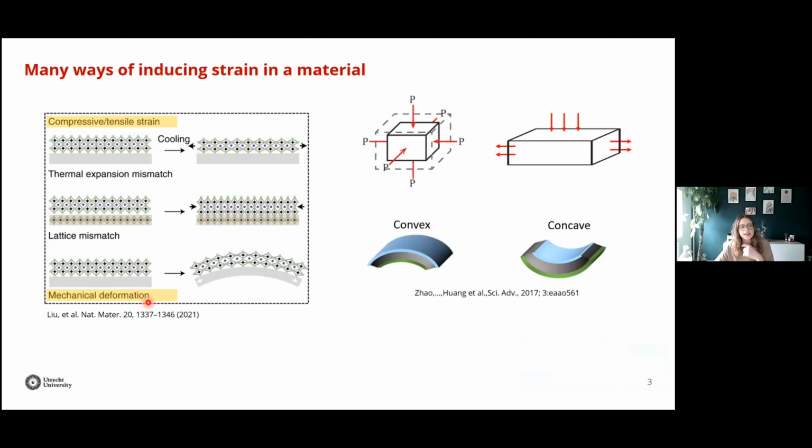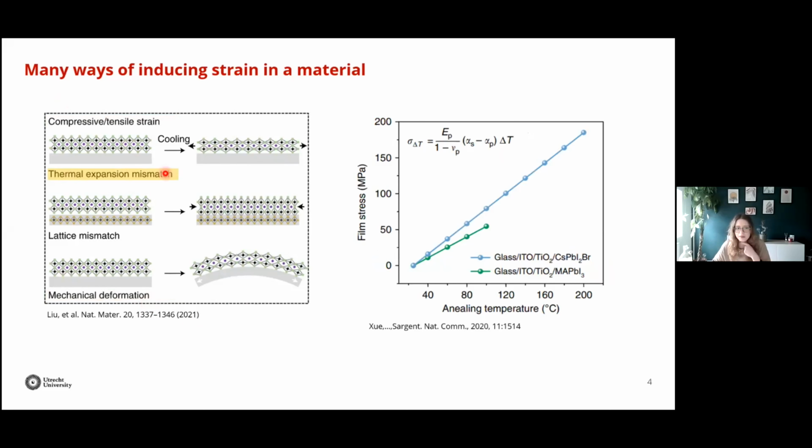deformation. On the other end, you can also play with strain by playing with the thermal expansion coefficient of substrate and perovskite. So basically what you can do is that you can change the amount of strain that you have in your material by choosing the two materials with very different thermal expansion coefficient.